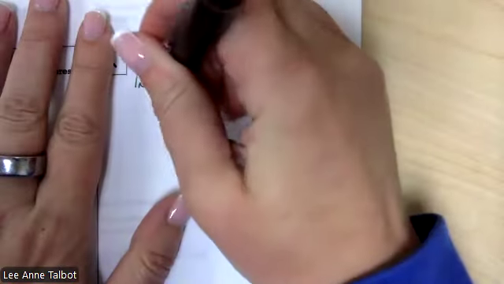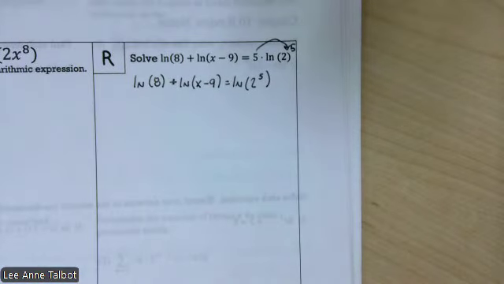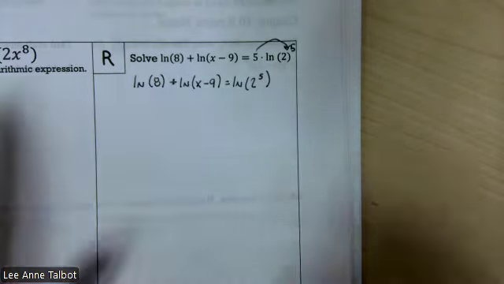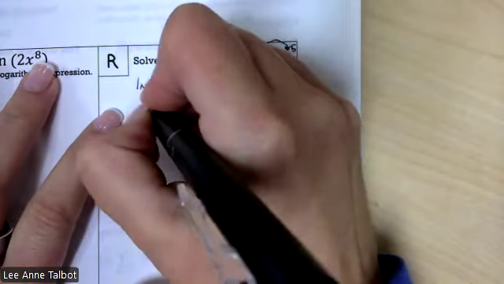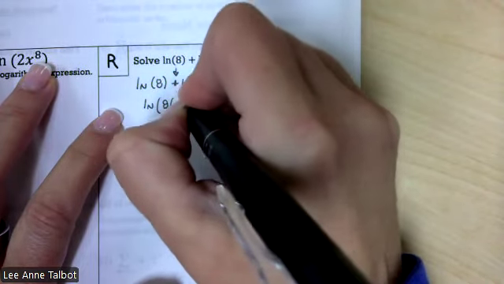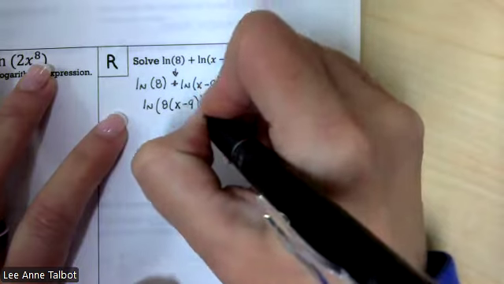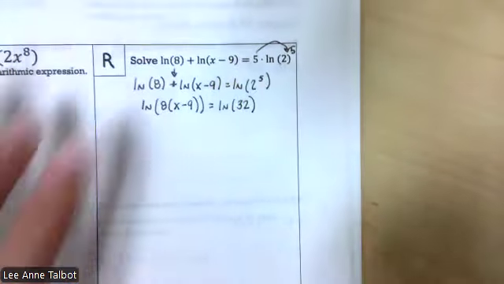That's a plus. Okay. Now I have plus, so I'm going to condense to one logarithm. So natural log of 8 times x minus 9 equals natural log of 32.